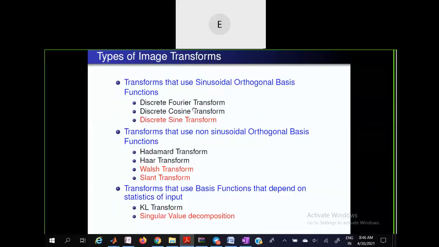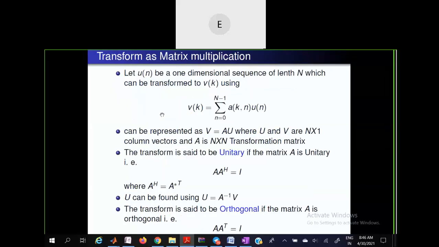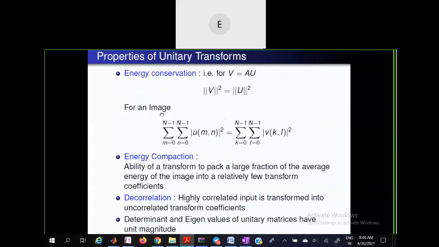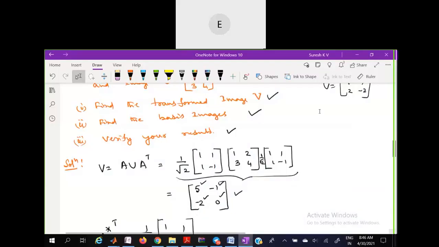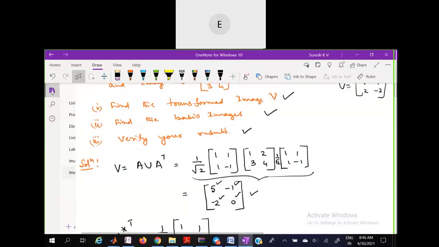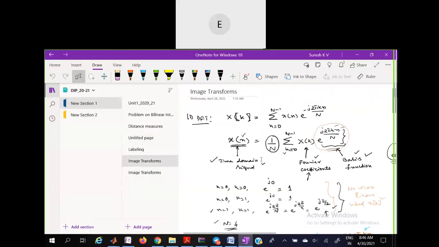So DFT is an example of a transform that uses sinusoidal orthogonal basis functions. Since you have already done DFT, I don't think it would be difficult for you to understand. Let me just go back to what we did in the previous class.